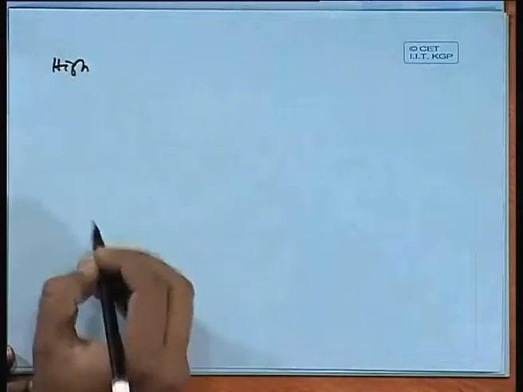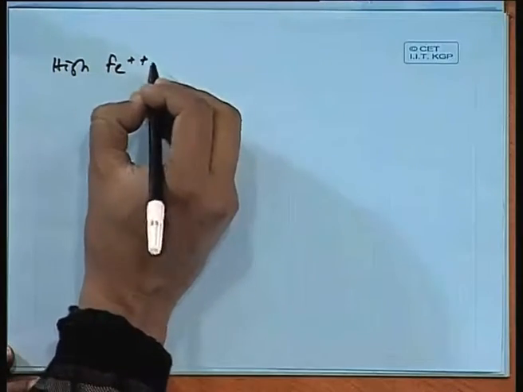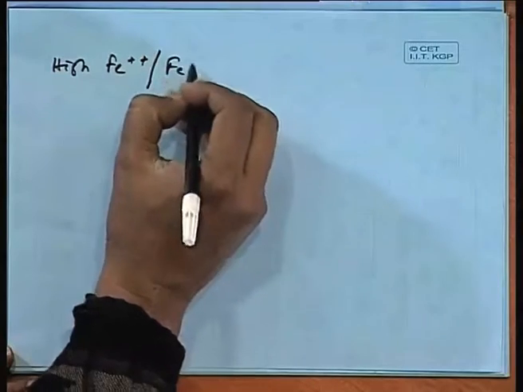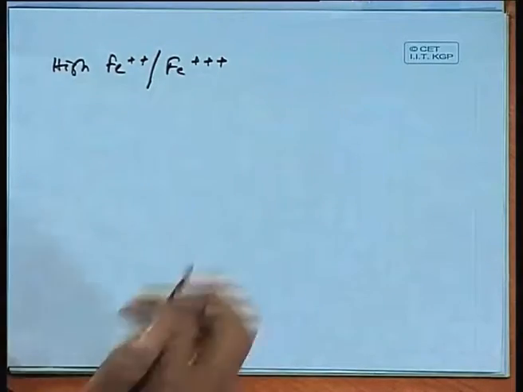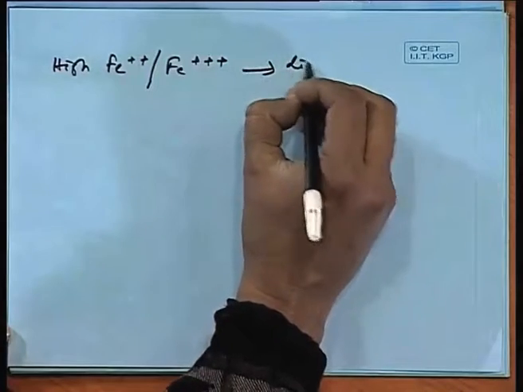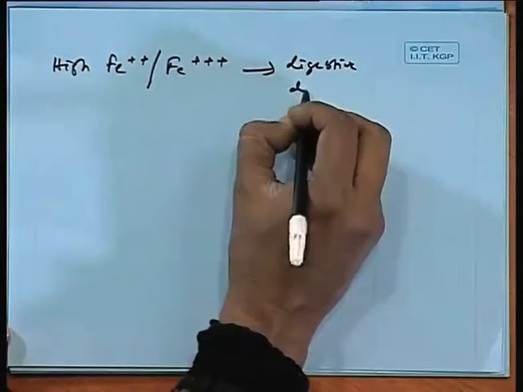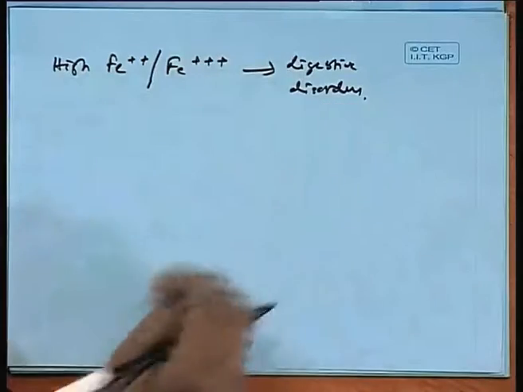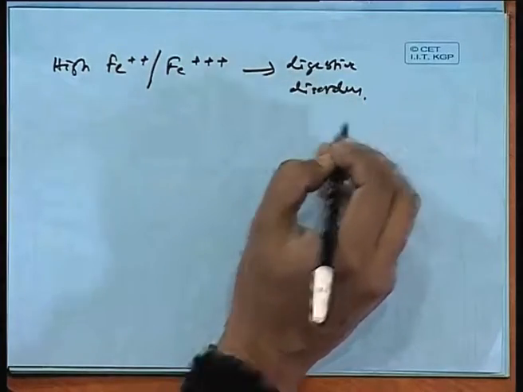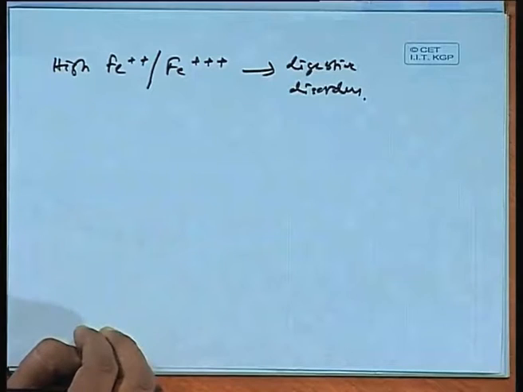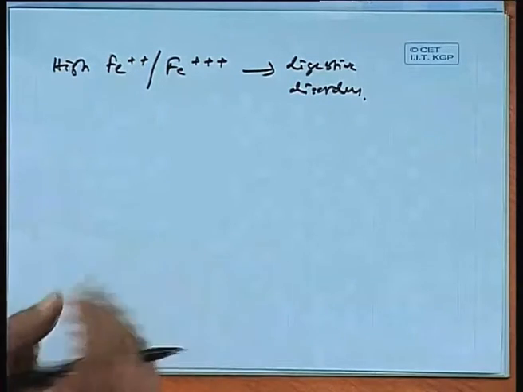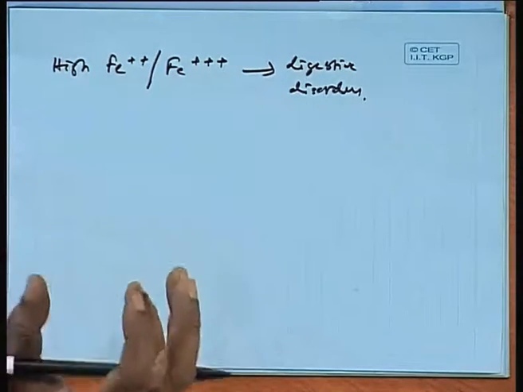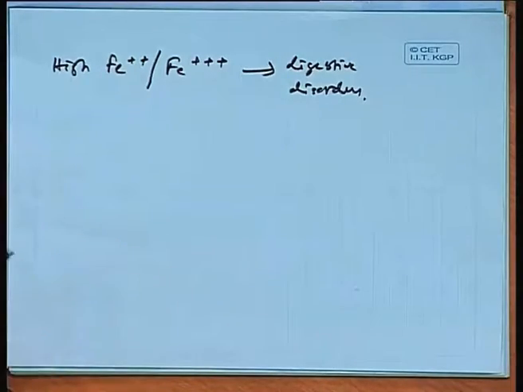Like in certain surroundings where high iron is available in the water, this can lead to digestive disorders. In many cities, you will find in households, people install deironization plants, where the concentration of iron is reduced.